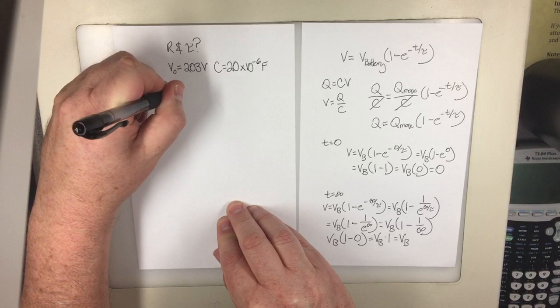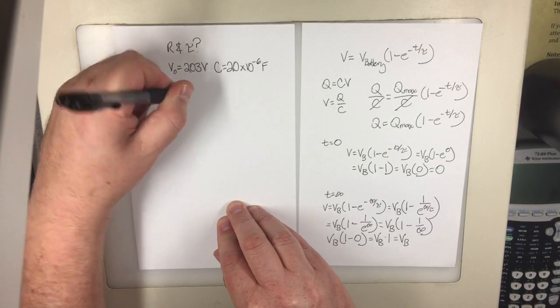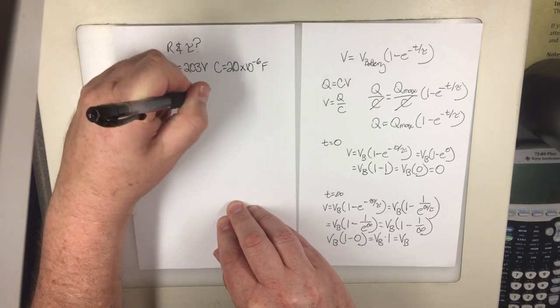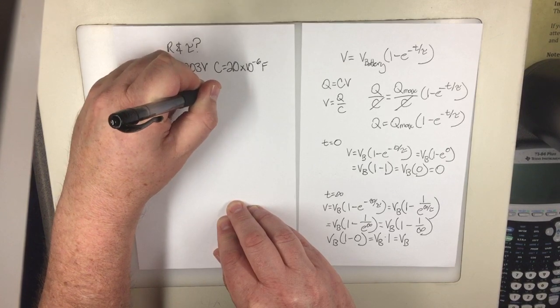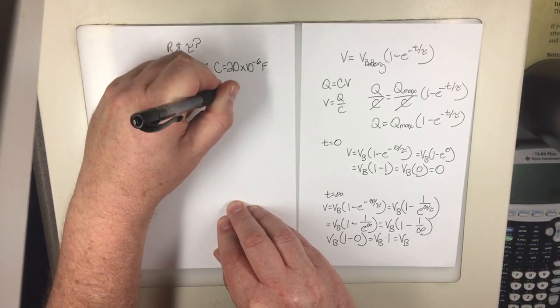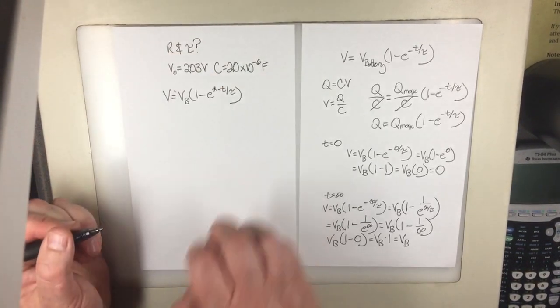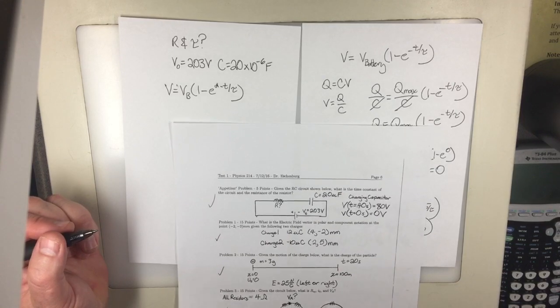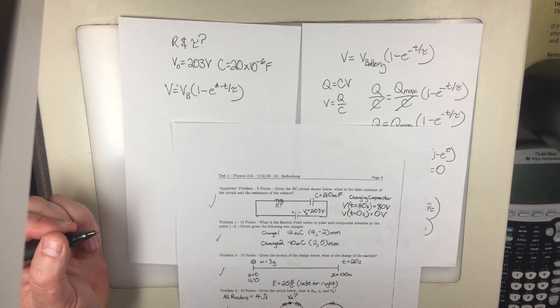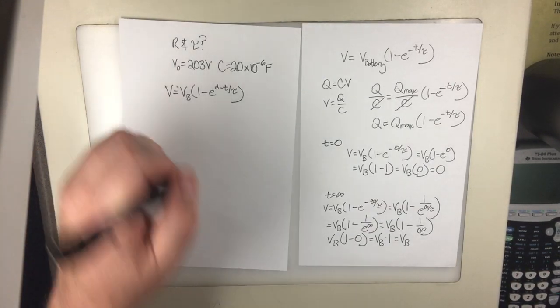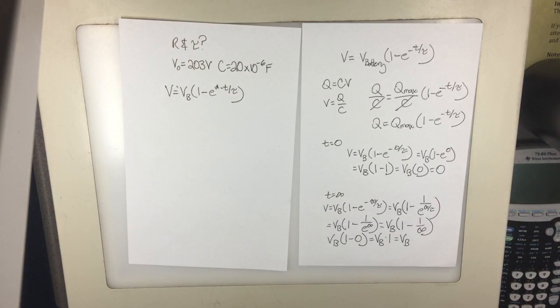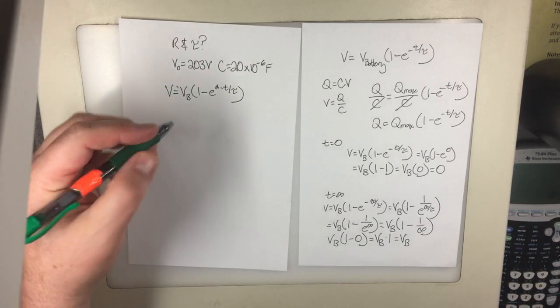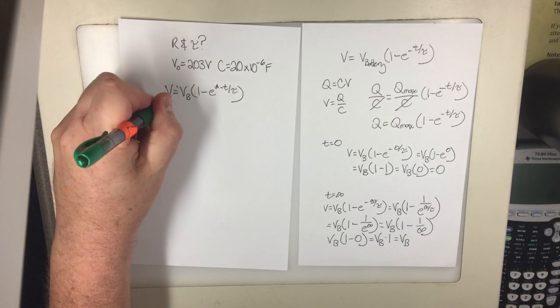We have V equals V battery times 1 minus e to the negative t over tau, and identify what I know and what I don't know. I know at time equals 40, the potential difference is 80. So I know what V is.